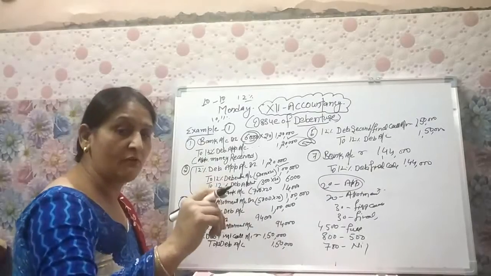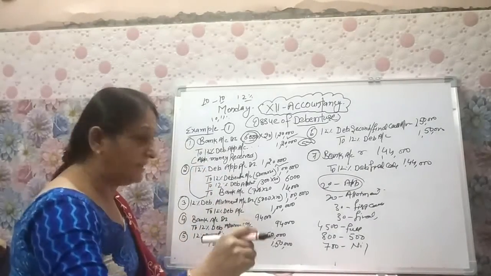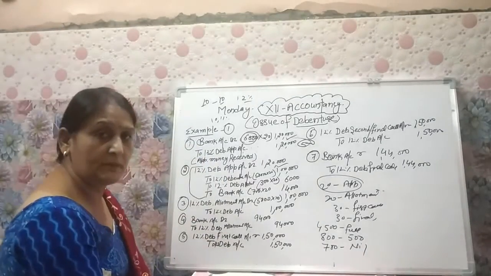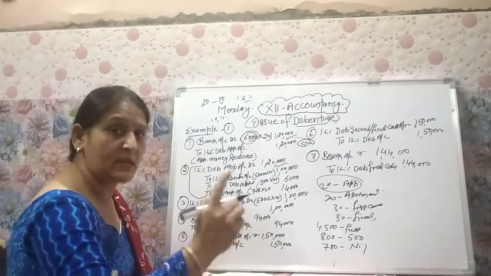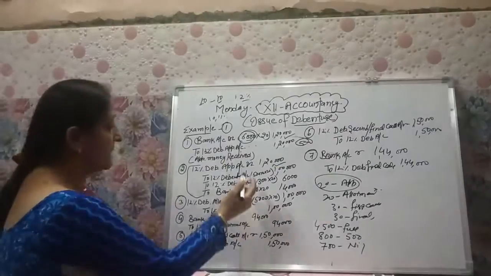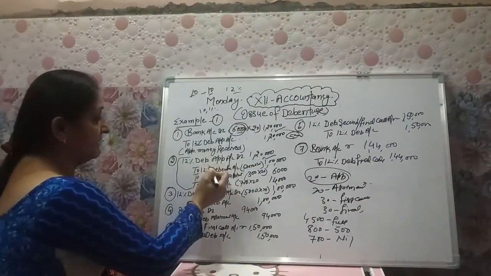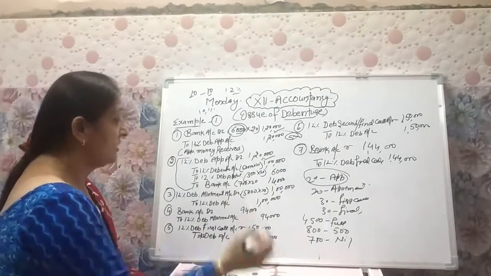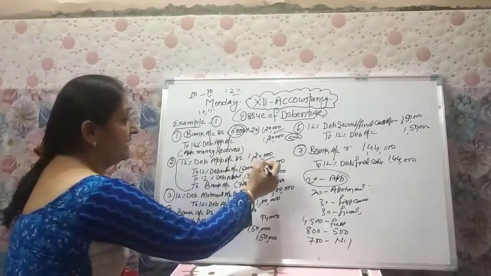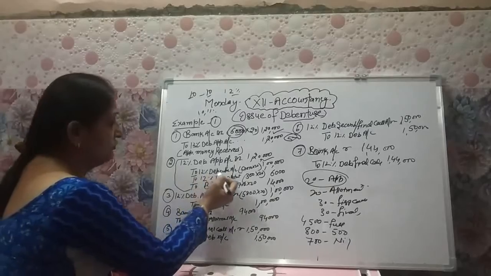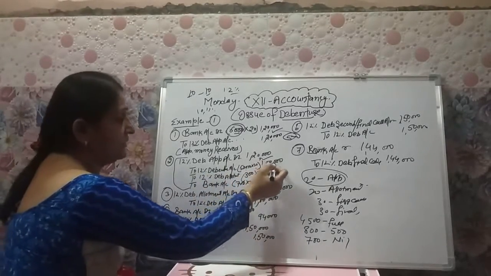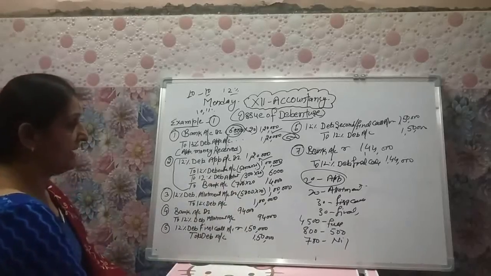So instead of share capital we write here debenture. यहाँ पर एप्लीकेशन डिबेंचर का रिसीव्ड होके कहां ट्रांसफर होगा बेटा? To 12% debenture account. So 12% debenture application account debit 1 lakh, to 12% debenture account: 5,000 multiplied by application money 20, 1 lakh rupees is transferred to debenture.